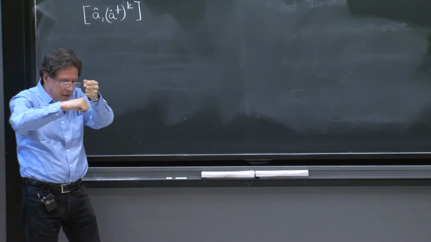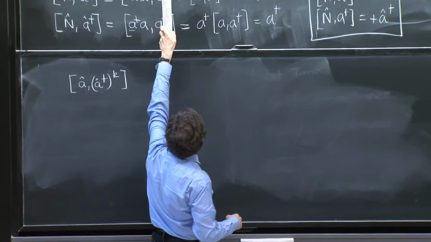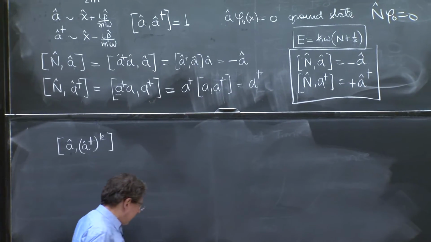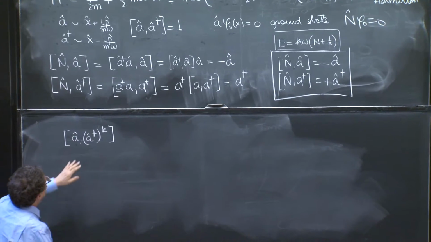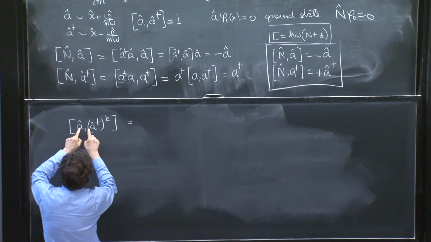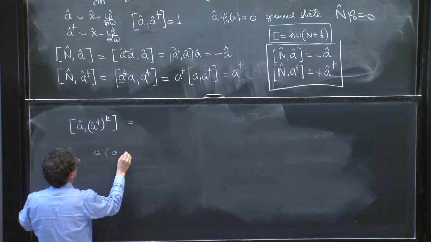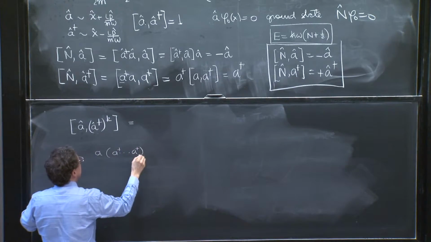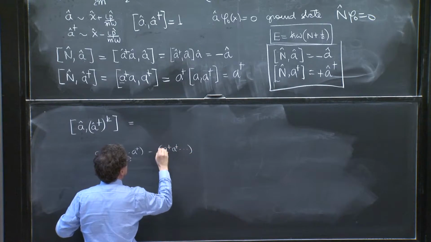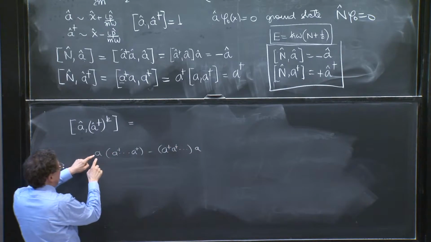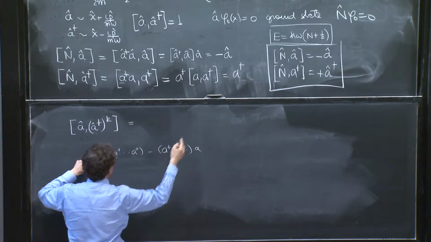Moving an A across an A dagger, because of the commutator, gives you a factor of 1, but it destroys the A and the A dagger. So if you could just move the A all the way across, then you cancel with this.